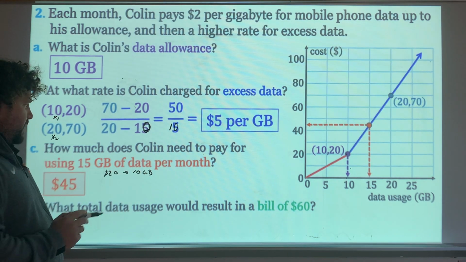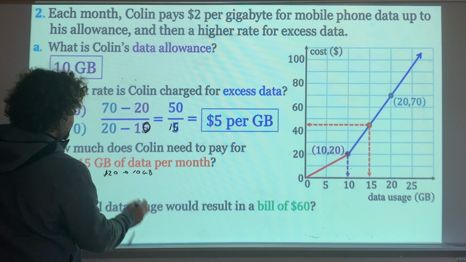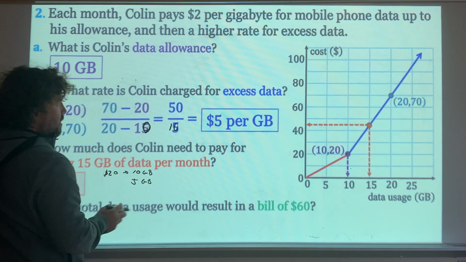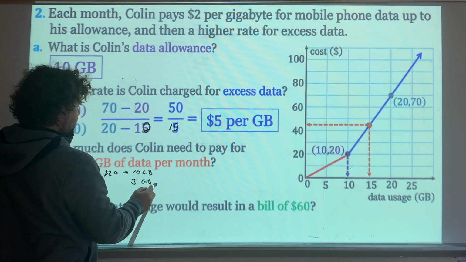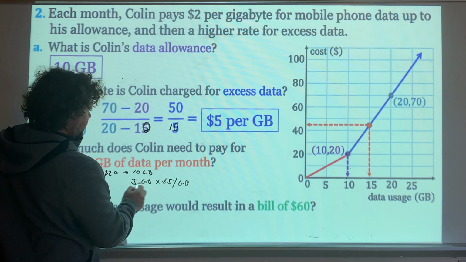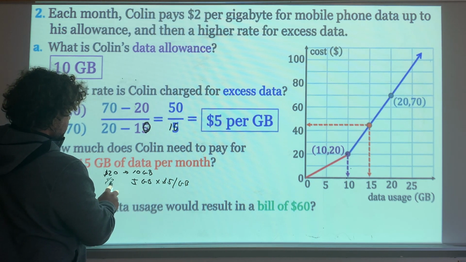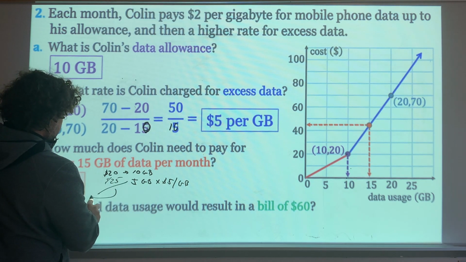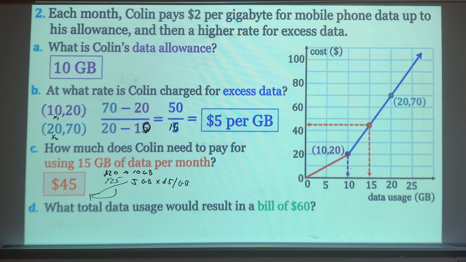Now, he's doing 15. So for the next 5 gigabytes, all right, he pays $5 per gigabyte. So that's times $5 per gigabyte. 5 times 5 is 25. 25 plus 20 is 45. Okay.